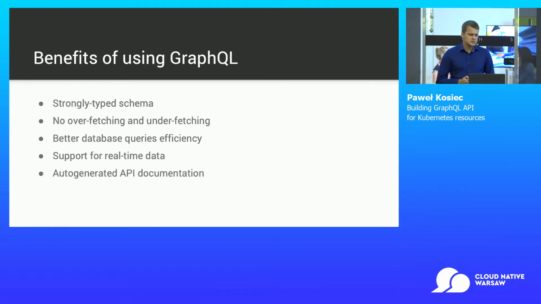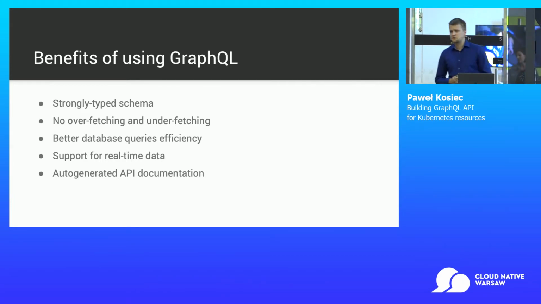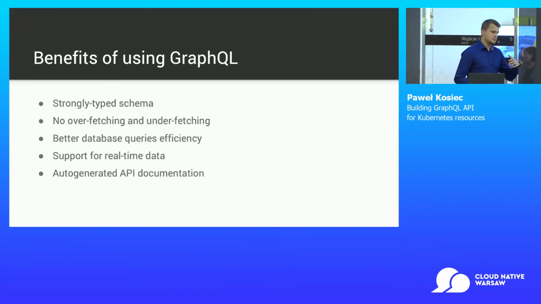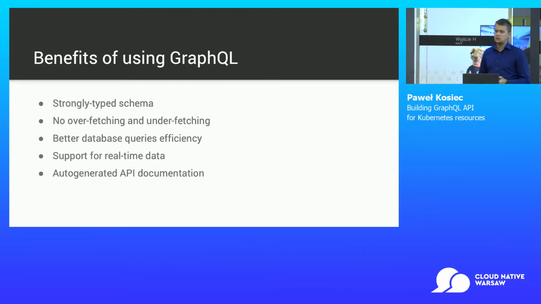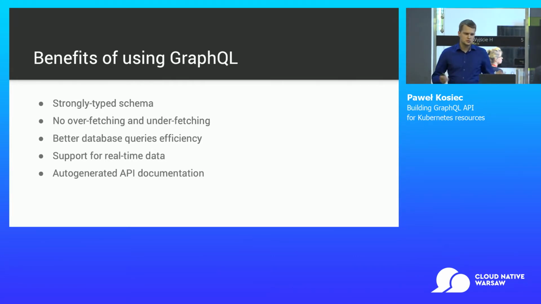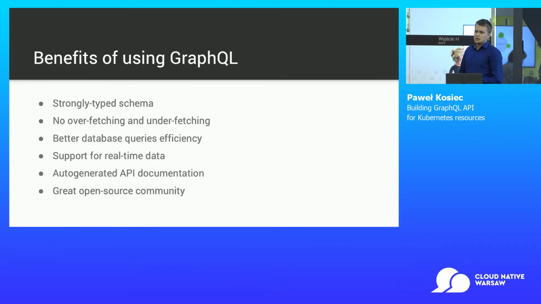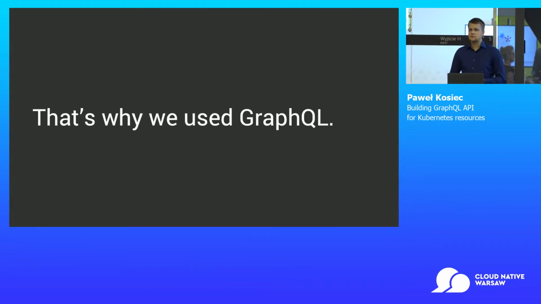And there is also auto-generated API documentation. So if you just write the schema in the schema definition language, and comment all types and queries and all other GraphQL operations, then it will be auto-generated out of the box. And actually, that's why we use GraphQL, right?